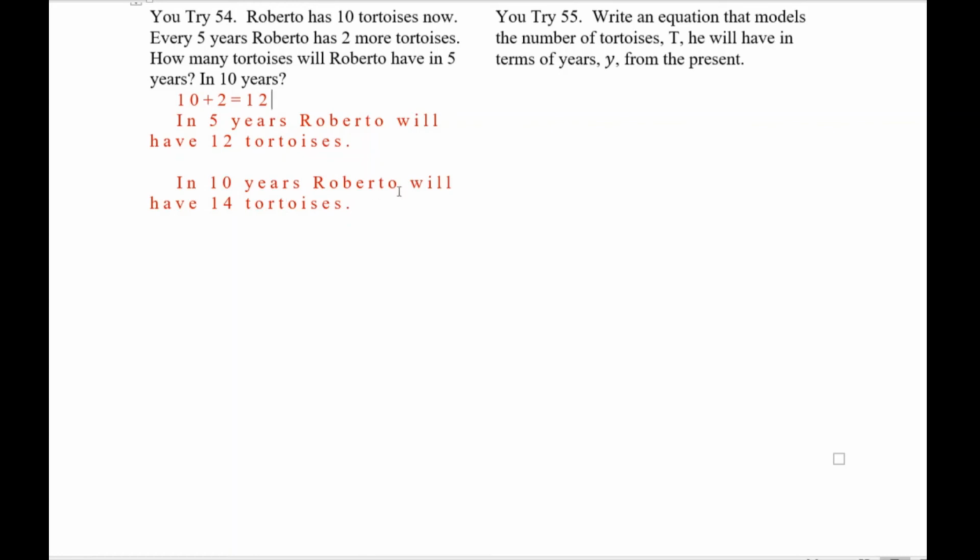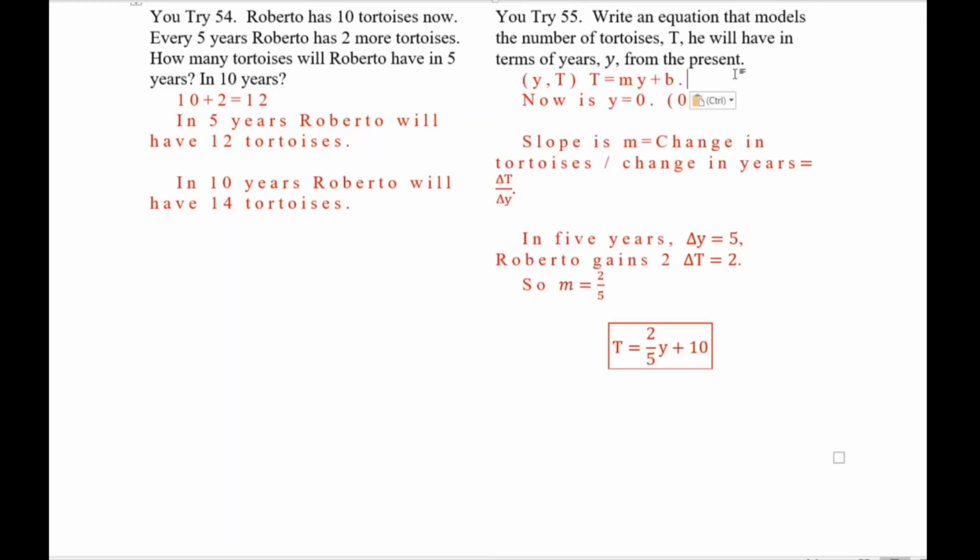Can you write an equation that models the number of tortoises T he will have in terms of years y from the present? Pause here, try it on your own, then check back with my work. Just like the previous example, time is generally going to be the first coordinate. Here, years, time, should be the first coordinate.